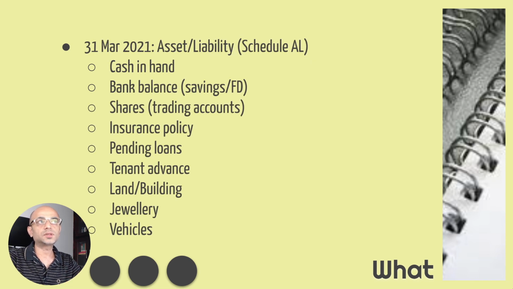And around 31st March, or 1st April, maybe you can track some more information if you fall into this bracket to report assets and liabilities, like how much cash you have in hand, the bank balances at the end of the year, the investment in shares, the insurance policies, any pending loans, or any tenant advance you have if you have rented out, or the investments in land or building.